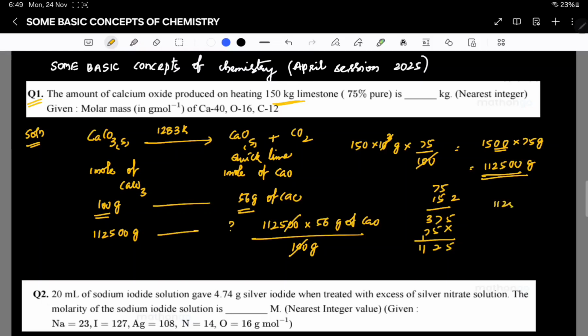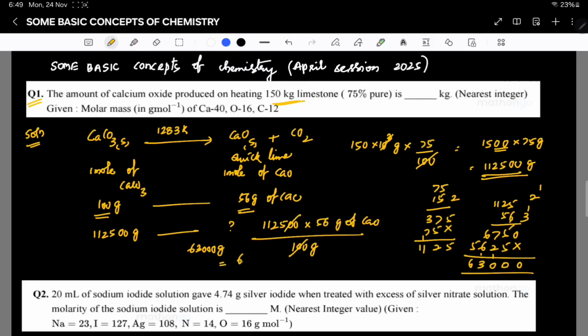So 1125 into 56, student. That is equal to 6750 plus 56250, which gives 63000 grams.